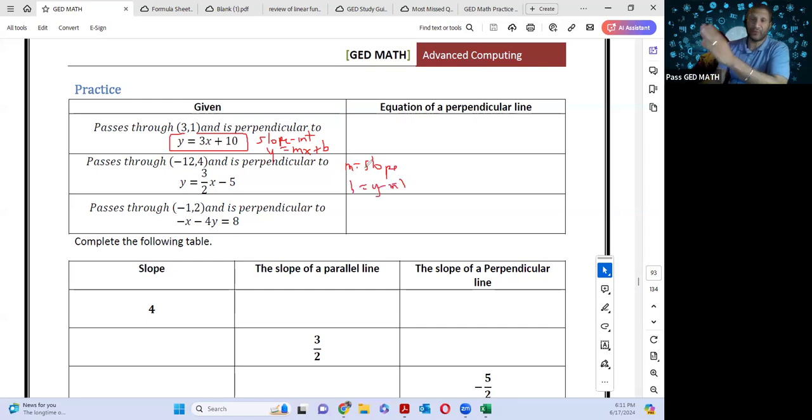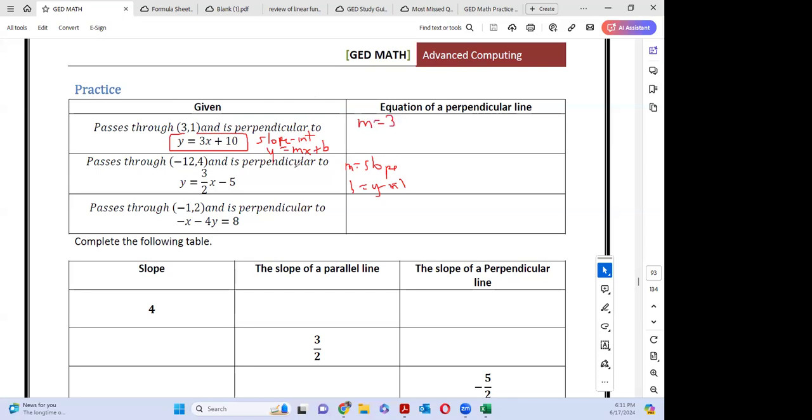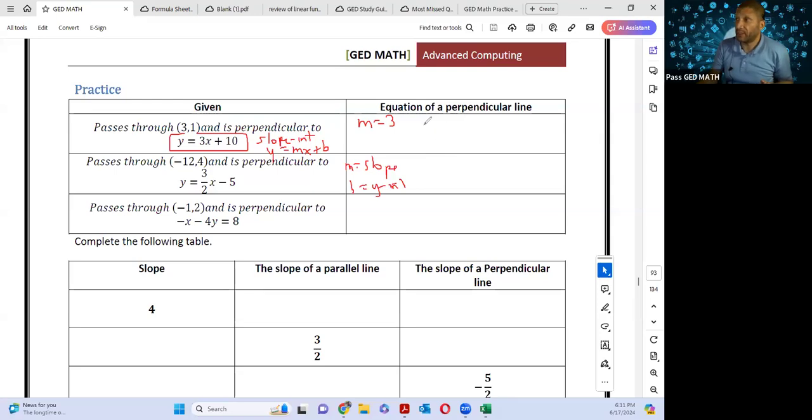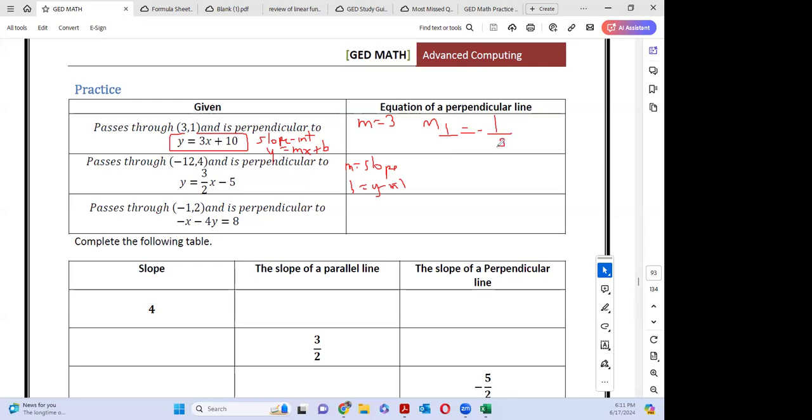So once you identify the type of equation it is, it's easy to tell what the formula is. So y equal mx plus b means my slope is 3. That's easy. So the slope that's perpendicular is the negative inverse, negative 1 over 3. Easy, right?